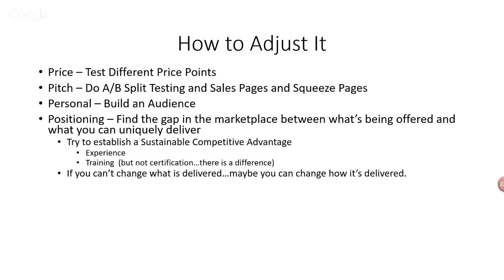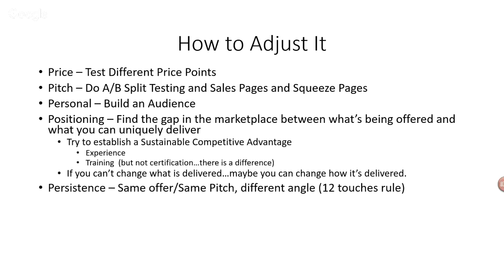And sometimes this means you can charge a little more than the marketplace, because you're not just competing on the basis of having all the same stuff they do or on the basis of price. You're doing something totally different that the customer really likes because of the way you deliver something. So again, if you can't change what's being delivered, one of the things you can do is change how it's being delivered. And that helps you to position yourself someplace different in the same market, in the same niche.